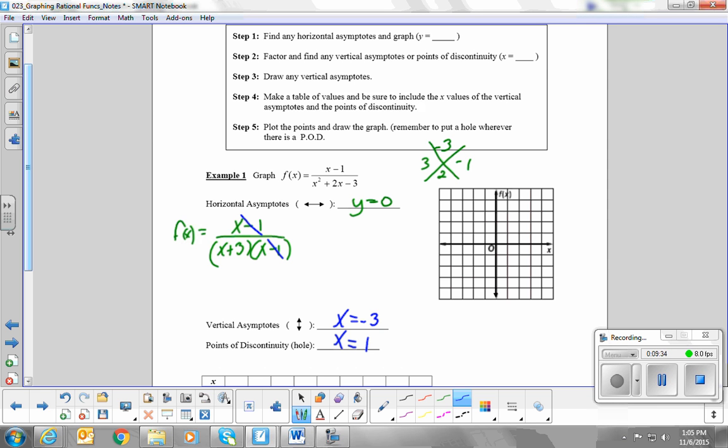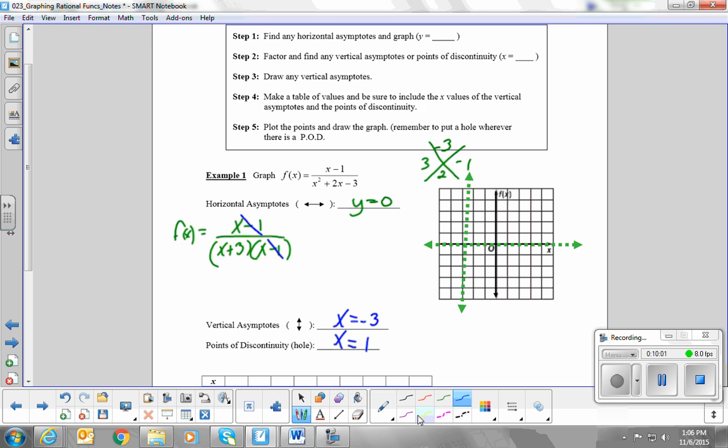Okay. So then we go ahead and start by plotting where our vertical asymptote is. Okay? So our vertical asymptote is at -3, and our horizontal asymptote is y equals 0. So you can just go ahead and make the dashed lines, right?